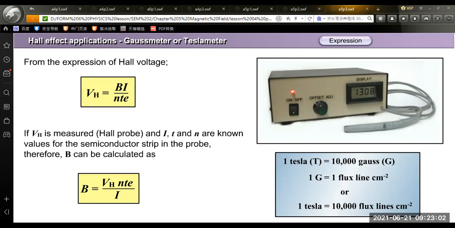Tesla is a unit for the magnetic flux density in an area of 1 cm squared: how much electric flux and magnetic field line, or magnetic flux.